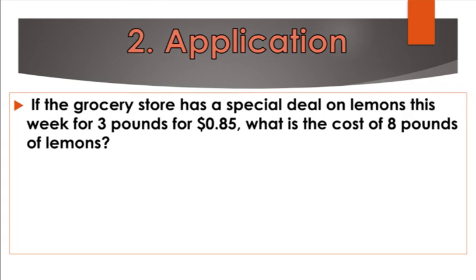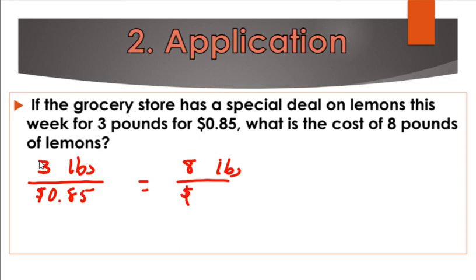Next one, if the grocery store has a special on lemons this week for 3 pounds for 85 cents, what is the cost of 8 pounds of lemons? So we have 3 pounds cost for 85 cents. What is the cost of 8 pounds? So here, I would just cross multiply and divide.